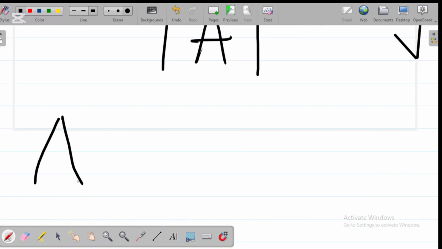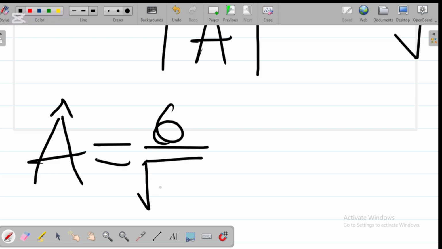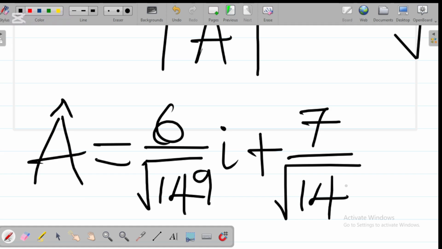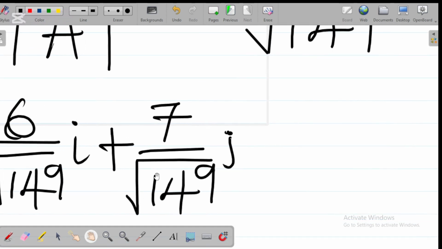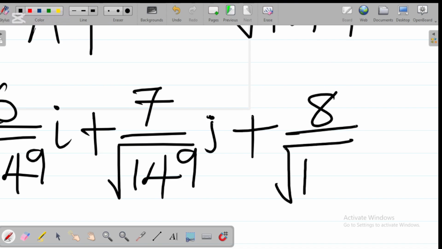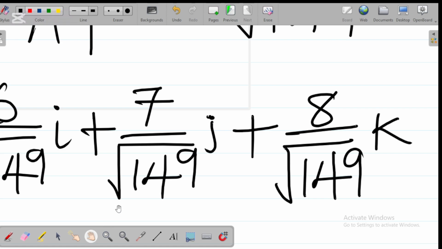So therefore, the unit vector of A is equal to 6 all over square root of 149 i plus 7 all over square root of 149 j plus 8 all over square root of 149 k. So this is our final answer.